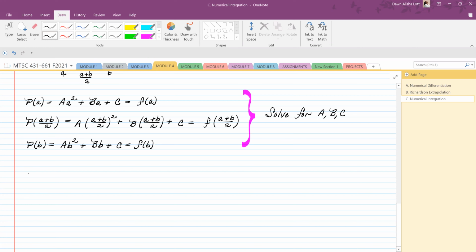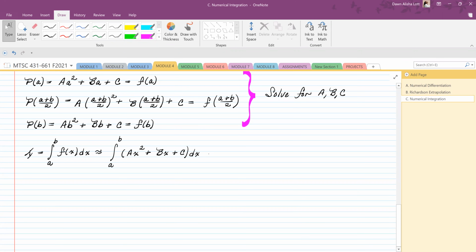So my integral, the integral from a to b of f of x dx, becomes approximately the integral from a to b of the polynomial that we get, Ax squared plus Bx plus C, kind of like the last homework that you had to do.